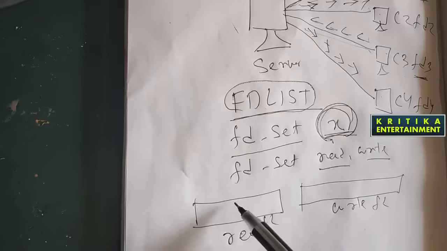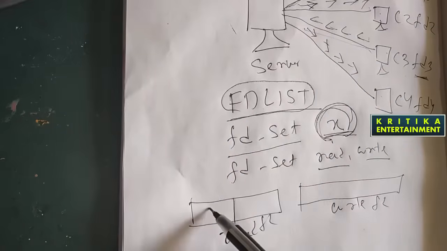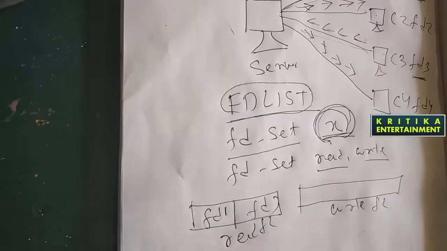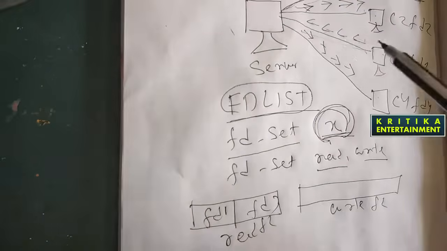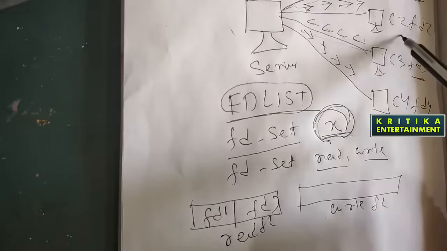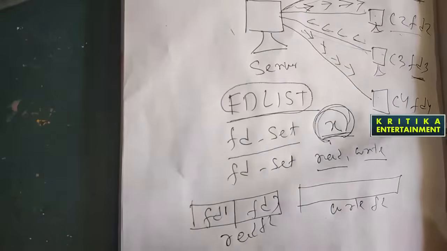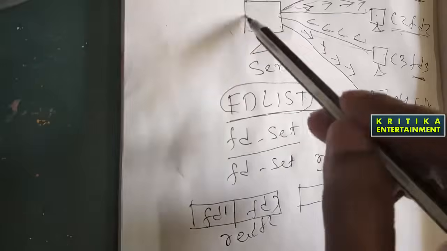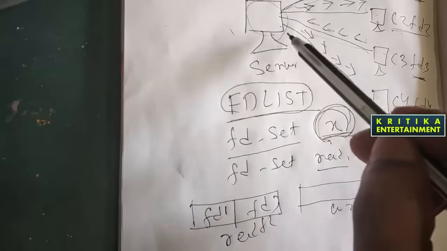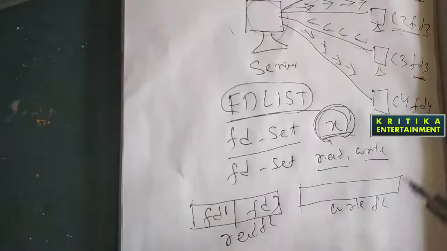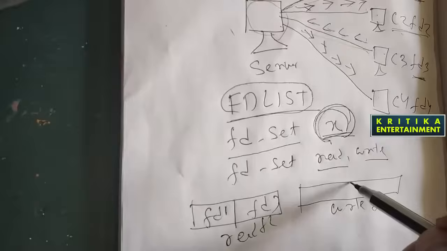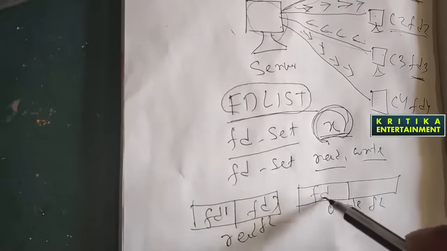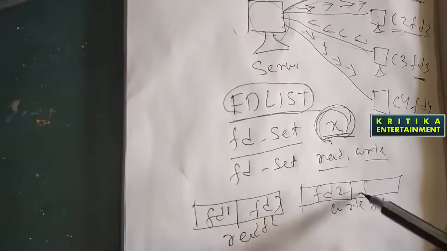So in the read FD set, it will store FD1 and FD3. C2 and C4 are both used to receive the data from the server. That means in this case the server will be writing data to the client, so it uses FD2 and FD4.